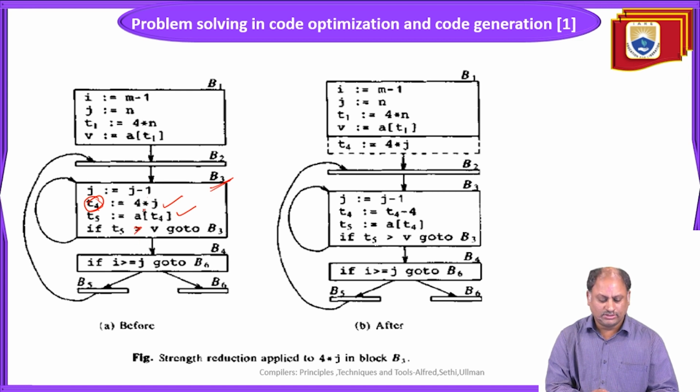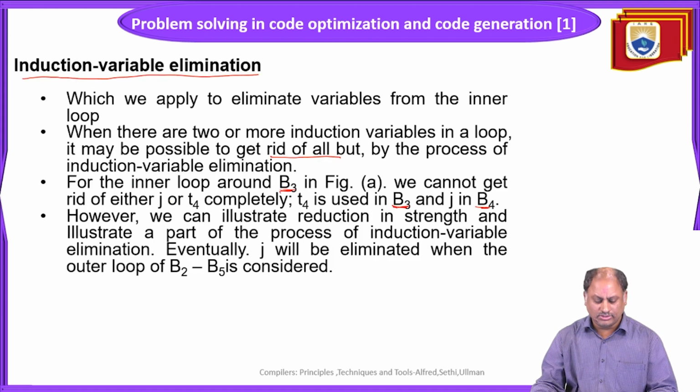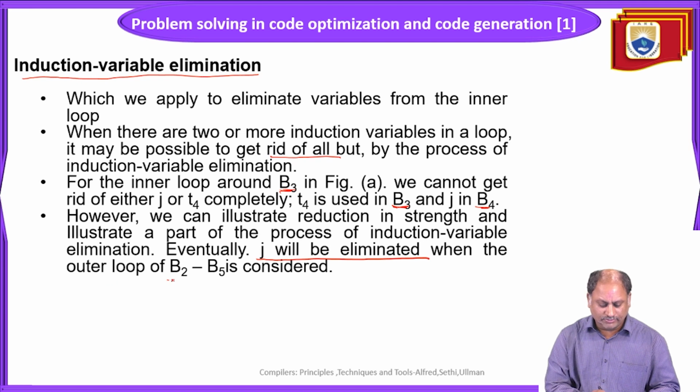Now, in this, T4 is computed as 4 star J. Here strength reduction is to be applied. J will be eliminated when the outer loop of B2, B5 is considered.